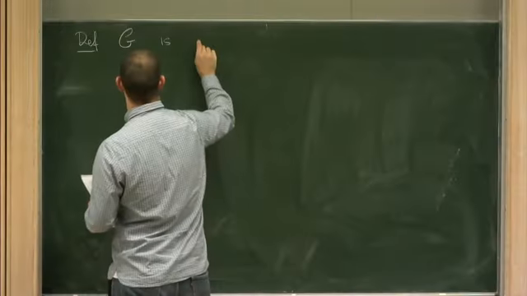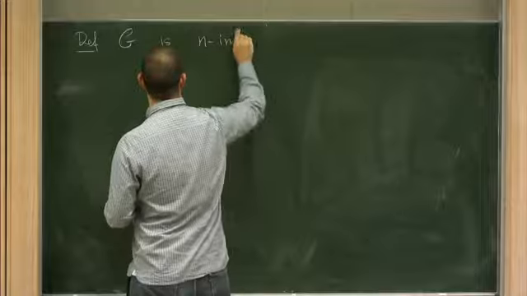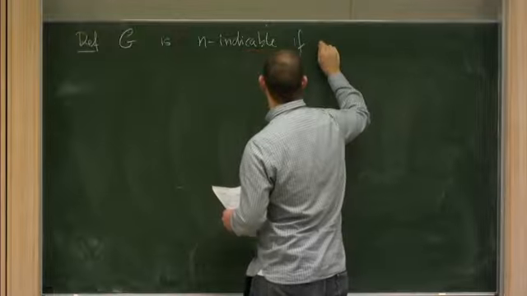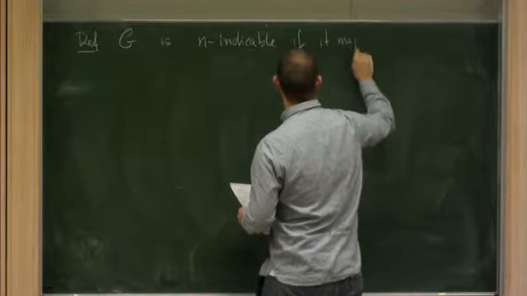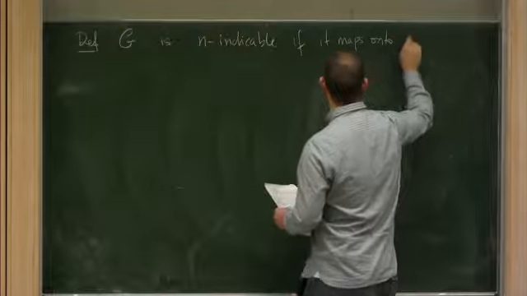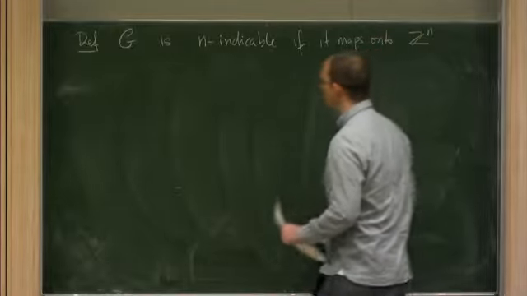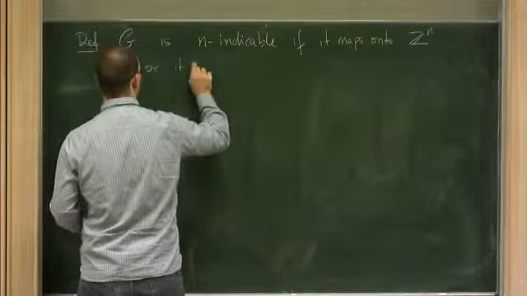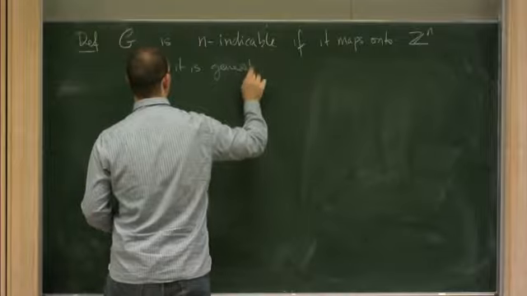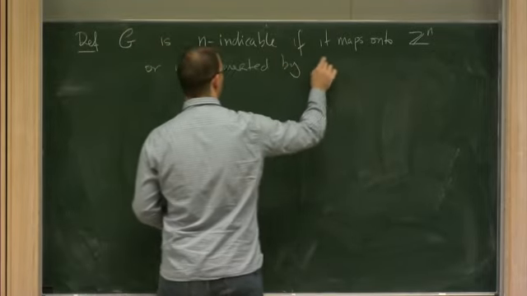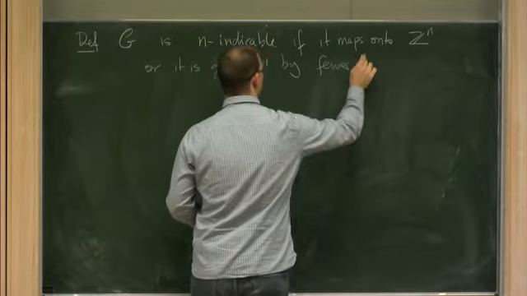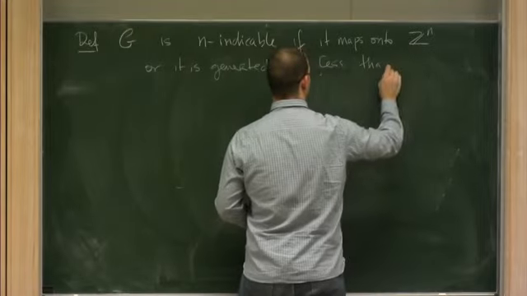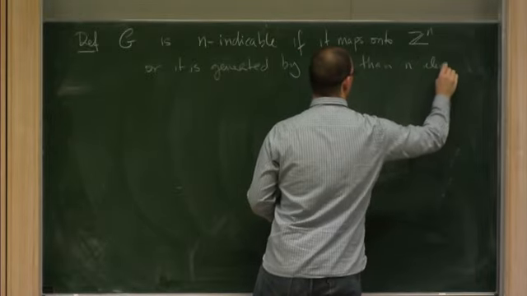So we're going to say that G is n-indicable if it maps onto Z^n, or it is generated by fewer than n elements.